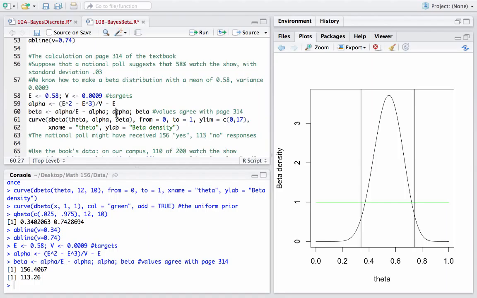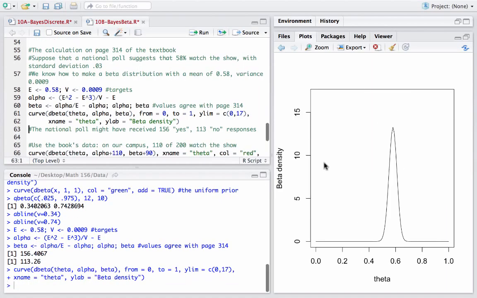So let's draw it. Okay, so based on the national data, and something like 300 respondents is a pretty good sample size, this is pretty tall and pretty tight. And this is going to be our prior.